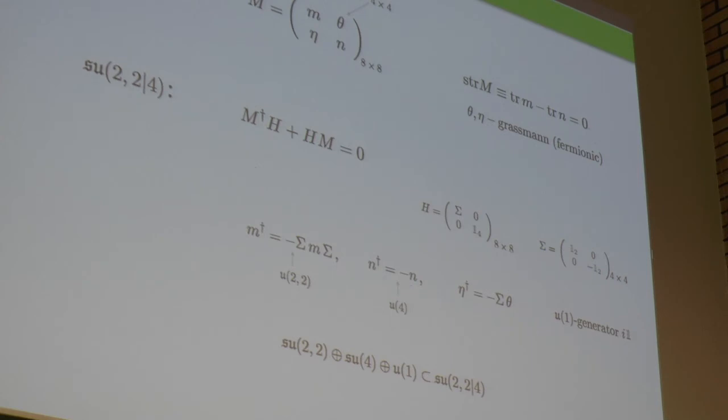Good. This shows that, in fact, the bosonic subalgebra of SU(2,2|4) is made of SU(2,2), SU(4), and there is one extra U(1) generator, which is the identity multiplied by i.